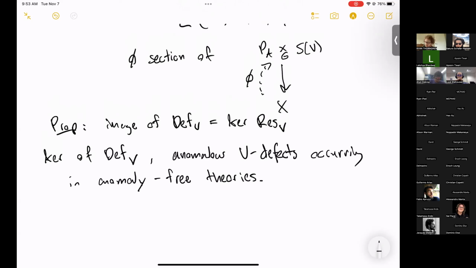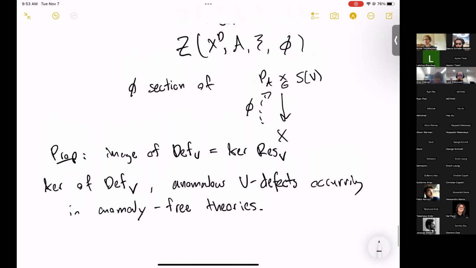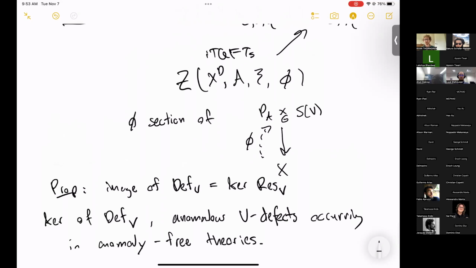So let me say that when we have these equivariant families, even if we have a unique gapped ground state at every point, it doesn't mean that the G symmetry can be gauged in the sense that we need in order to define such a partition function. You couple to a gauge field and a section. So they can be anomalous.